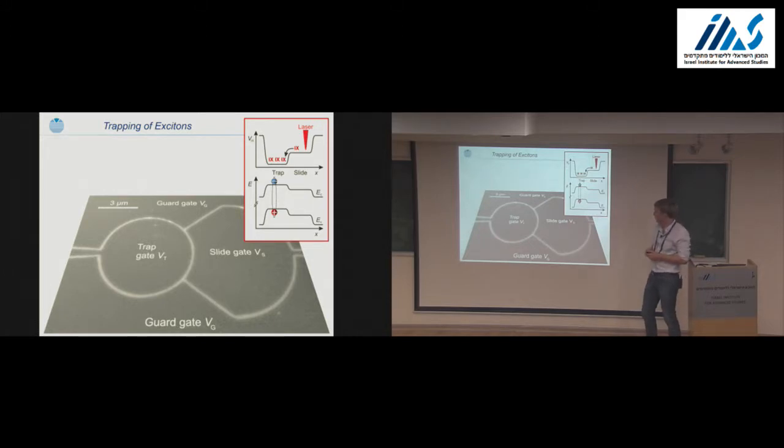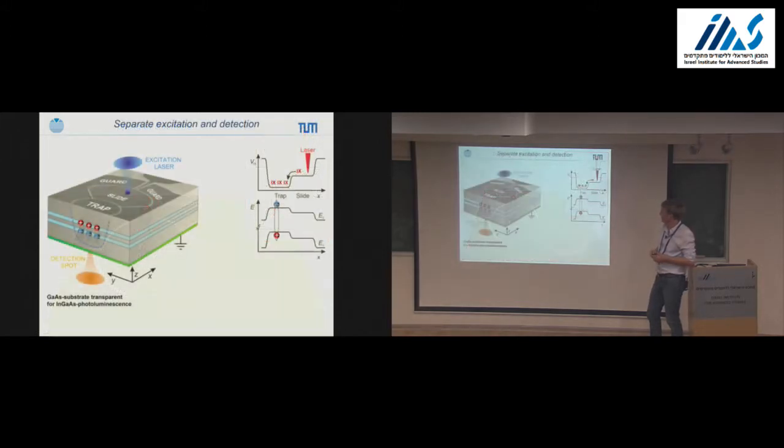So what we want to have are trapped indirect excitons in here. And also what we put here on purpose, we dislocated the exciting laser far off, such that basically all the thermalization dynamics occur at the slide gate, and then we look at the trapped, supposedly thermalized dipolar excitons in there.